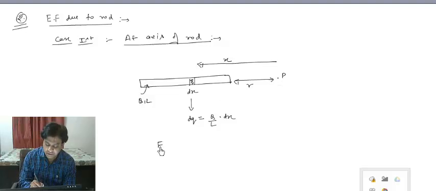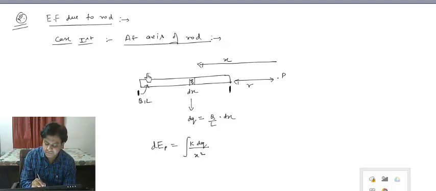Now the electric field at point P due to this small charge is dE_P, and that will be k dq upon the distance, which is x square, and integration. To cover the whole rod, we should start the value of x from this r up to this point, which is r plus l.